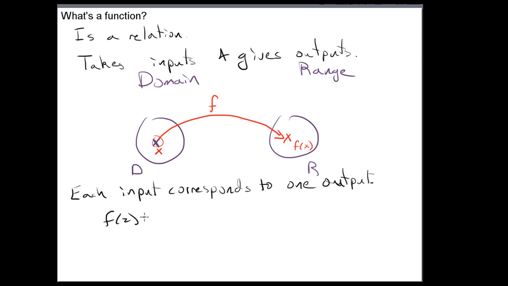So f of 2 is equal to 3. I don't know anything about all the other numbers, but definitively f of 2 is equal to 3. 2 goes with 3. 2 doesn't sometimes go with 3, or maybe sometimes 2 can go with 4. That's not a function. The input corresponds to one output.